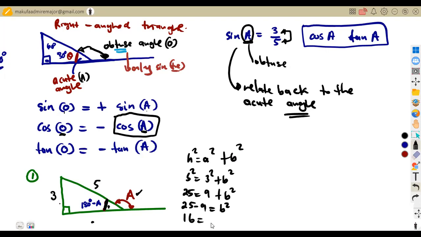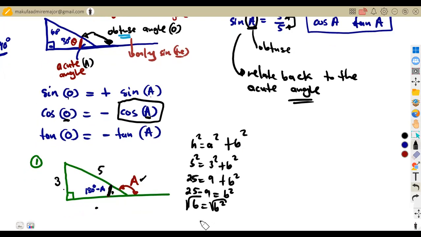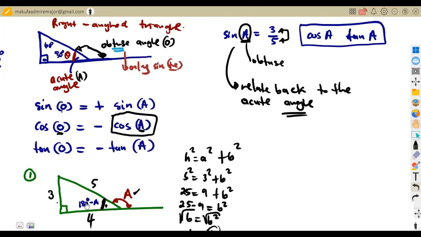So that will be 16 is equal to b squared, square root both sides. So meaning to say our b is going to give us a 4. It was supposed to be plus or minus, but we take the positive value. So here we have a 4, maybe 4 centimeters, 4 meters, whatever you are given there. You have this side.